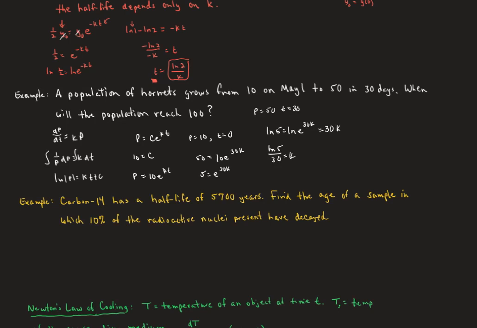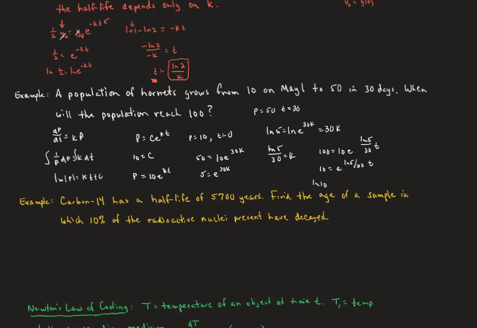We want to know when the population will be 100. So we'll put 100 in for our population. We know the initial value was 10. We have e to the k, which we decided was natural log 5 over 30, times t. And we're going to solve for the t to find out when. So we'll divide by the 10. 100 divided by 10 is 10. We have e to the natural log 5 over 30 times t.